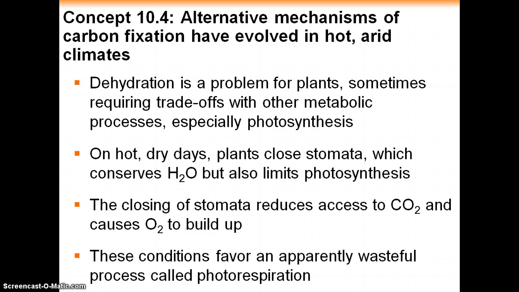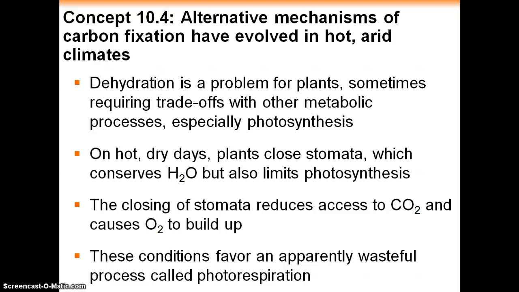Although we haven't assigned section 10.4 for reading, I want to go over just a couple things that you should know about alternative mechanisms for fixing carbon in the Calvin cycle. And these are believed to have evolved due to hot, arid conditions, so that plants can actually go through photosynthesis without losing too much of the materials that are needed for photosynthesis to occur.